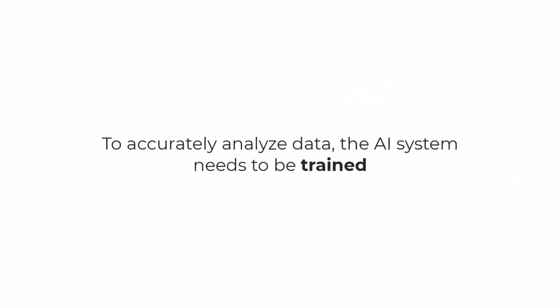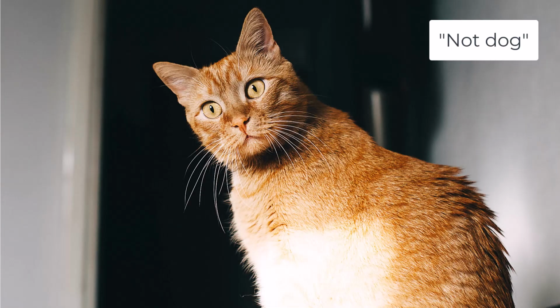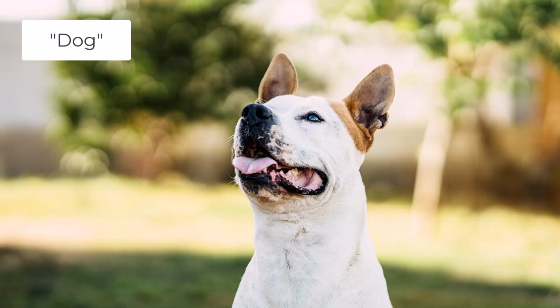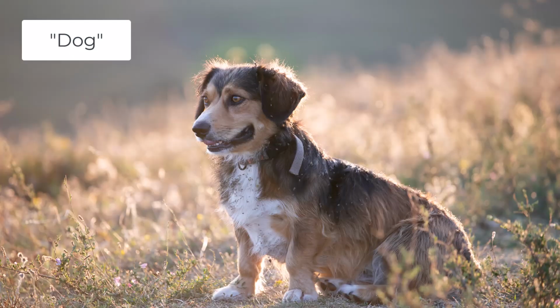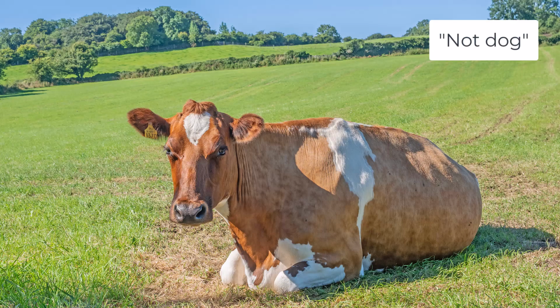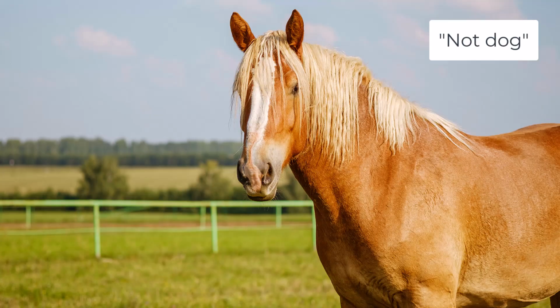In order for these nodes to be able to accurately analyze the data, the AI system needs to be trained. For example, in order to recognize dogs in pictures, the system must be given thousands, if not millions, of images labeled dogs and not dogs.